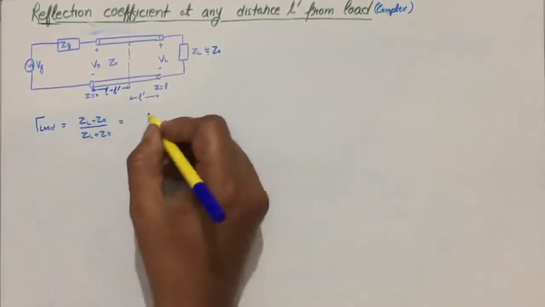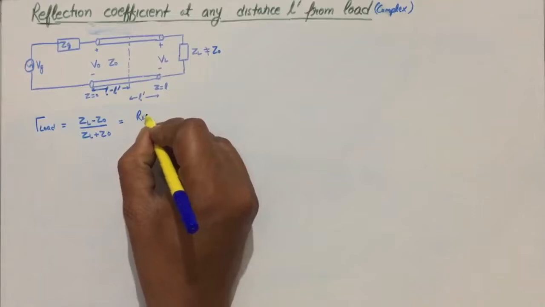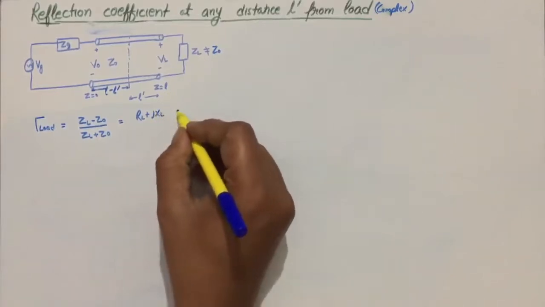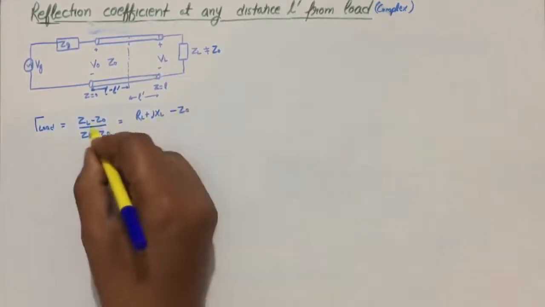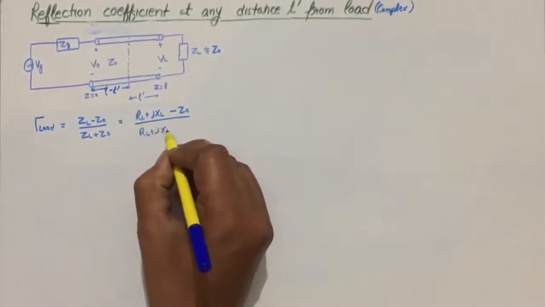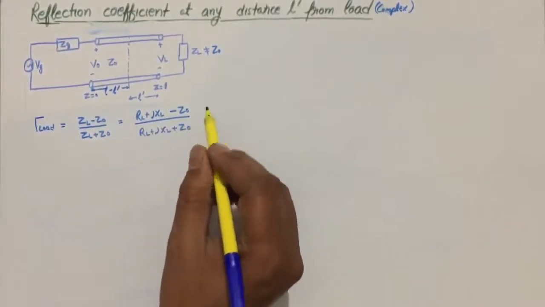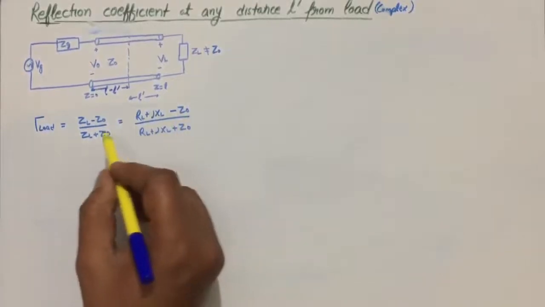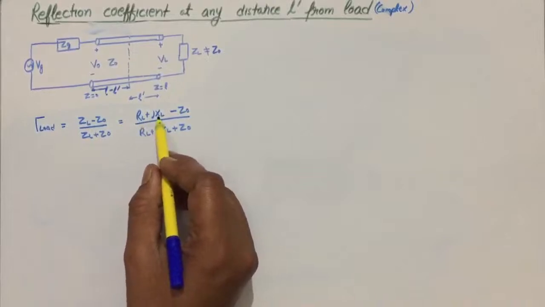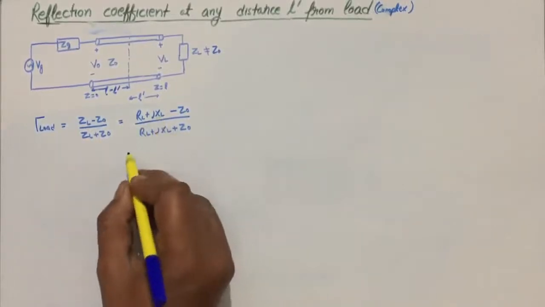However, ZL can be written for an RL load as RL plus jXL. So we can write gamma as RL plus jXL minus Z naught, divided by RL plus jXL plus Z naught. We can write at the place of ZL the exact load, real plus inductive load.